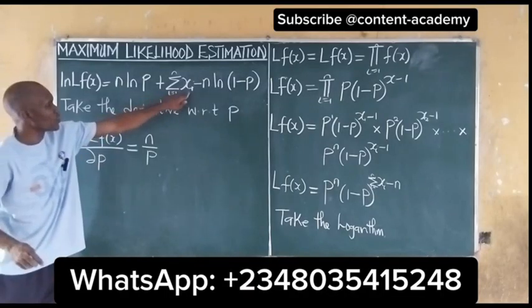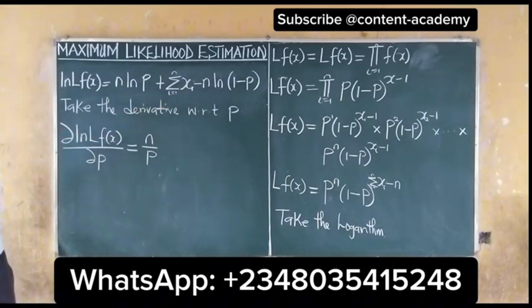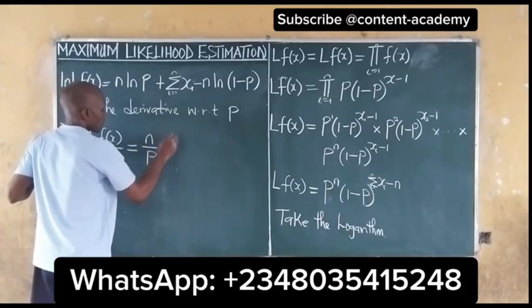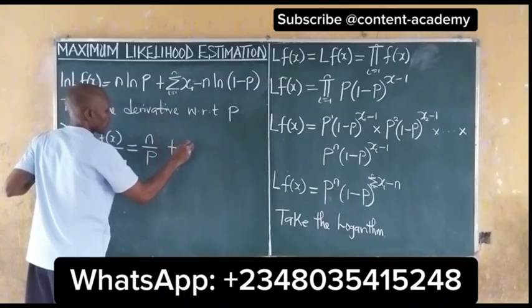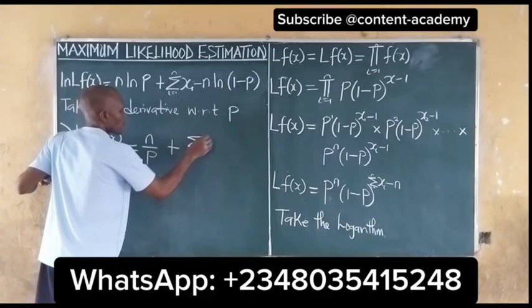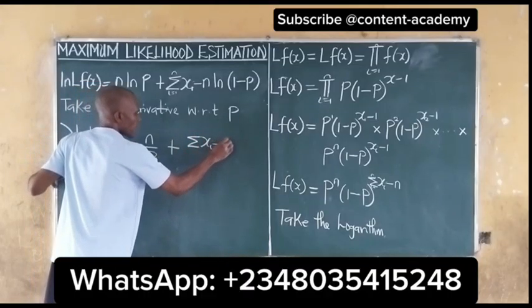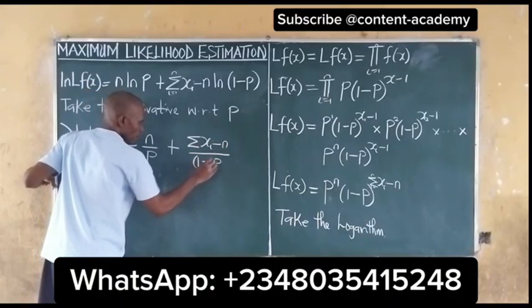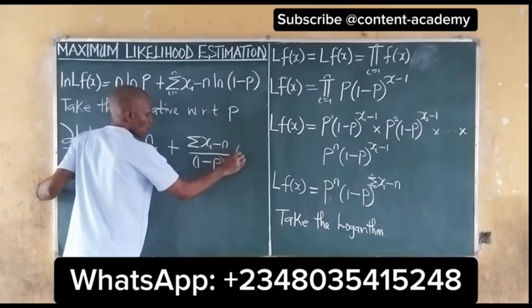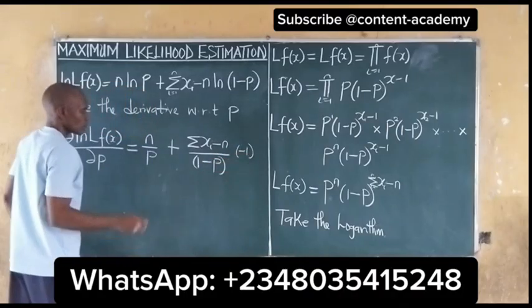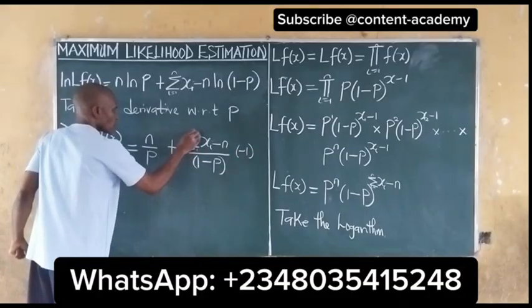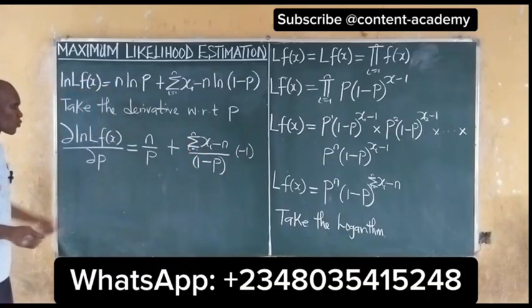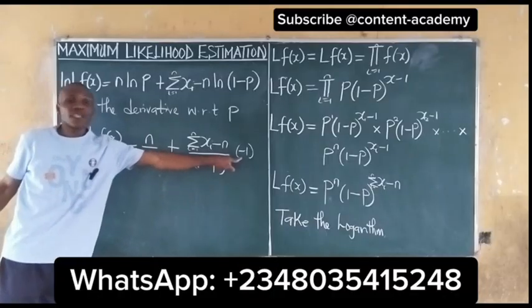Now, if we differentiate this with respect to p, we have plus summation of si all over n all over 1 minus p. Since you are differentiating with respect to p, we will have negative 1 as i running from 1 to n. So we can rewrite this properly because of this negative sign.